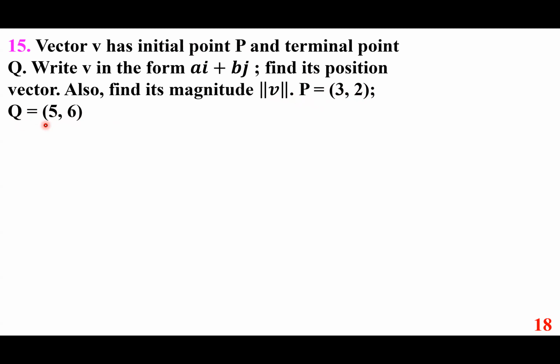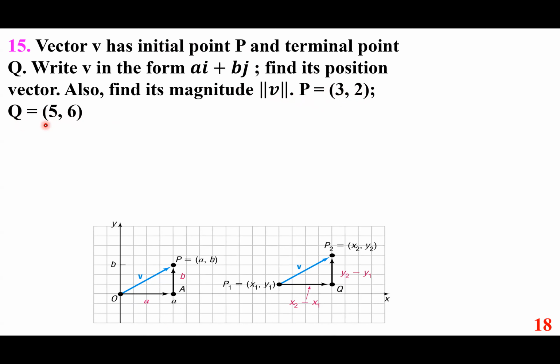So let's remind everybody of a couple of things that we discussed regarding vectors. If you look at this vector with the initial point x sub 1, y sub 1, and terminal point of x sub 2, y sub 2, this distance is x sub 2 minus x sub 1, this distance is y sub 2 minus y sub 1, and if we start from the origin, it becomes the position vector.